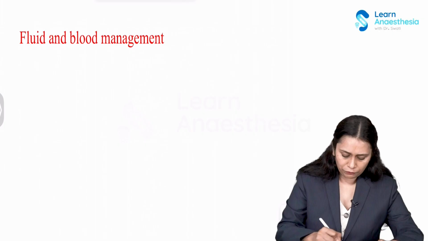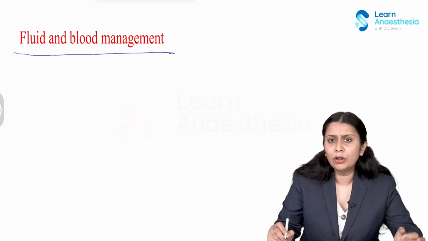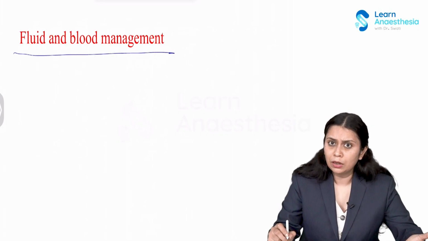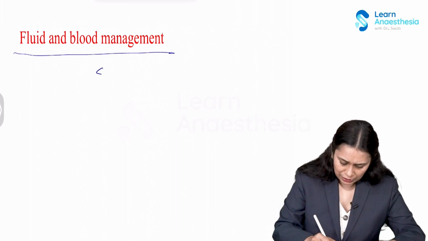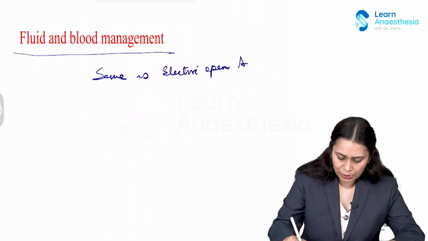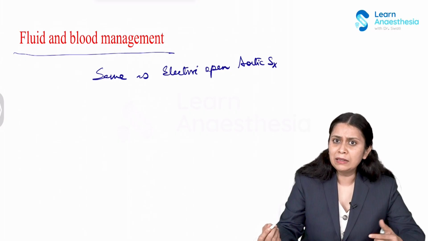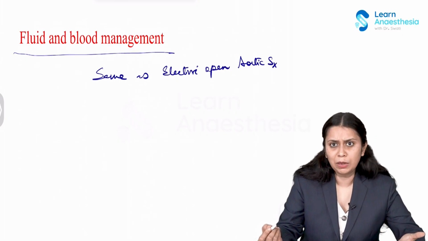Then coming on to fluid and blood management. Now it is the same as we do for elective open aortic surgery, right? Now here the patient is in hemodynamic imbalance, with massive blood loss.